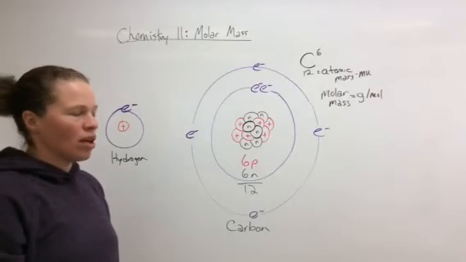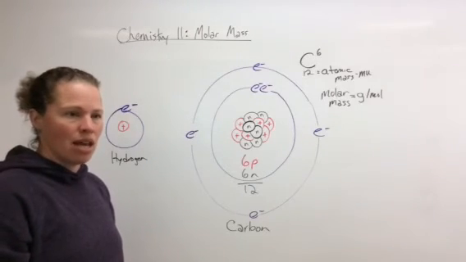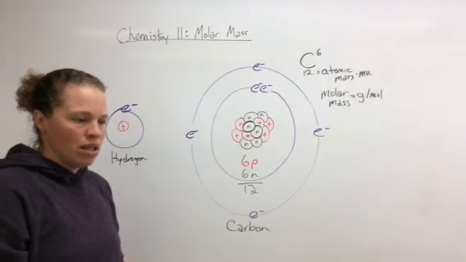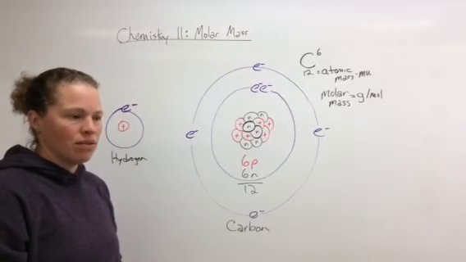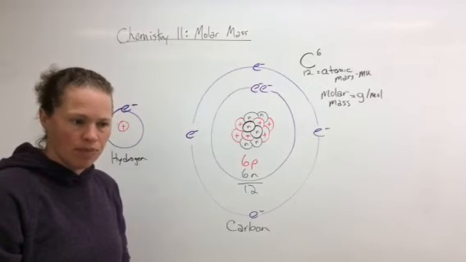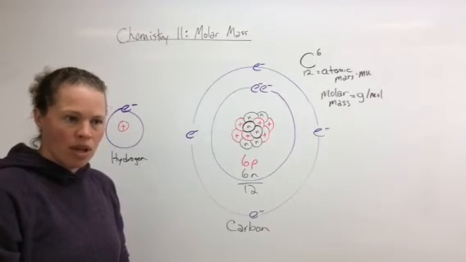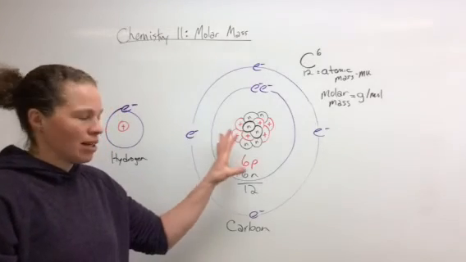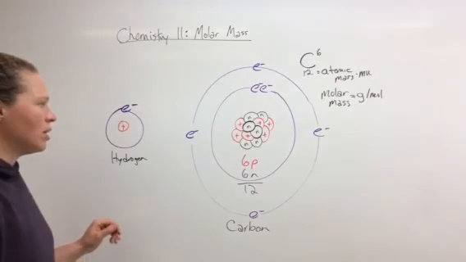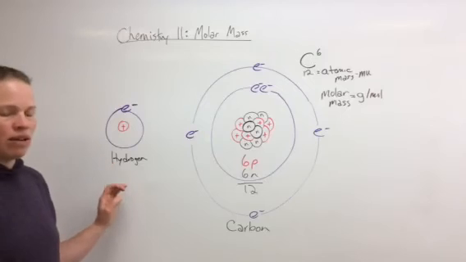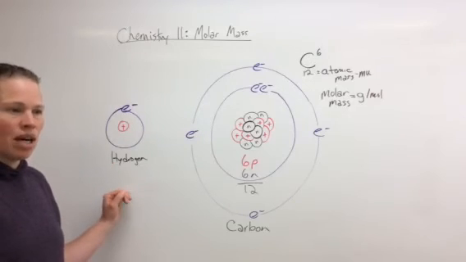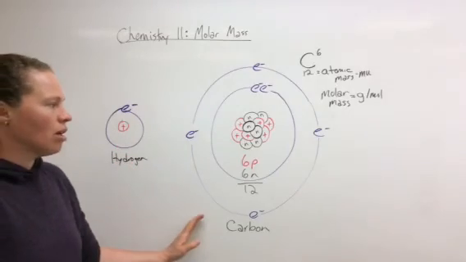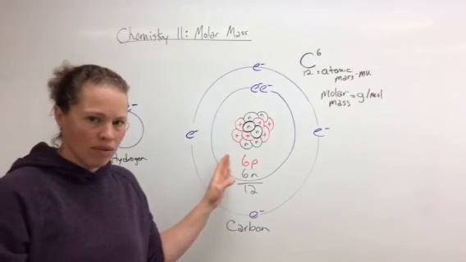That's what we're going to be working with here, is recognizing that if I have a sample of carbon and it's 12 grams, then I have the same number of carbon atoms as I would if I had 1 gram of hydrogen, because hydrogen is a unit of 1, and carbon is a unit of 12.